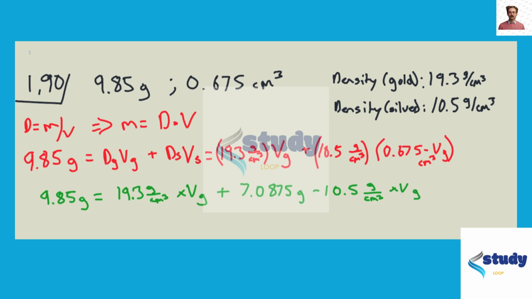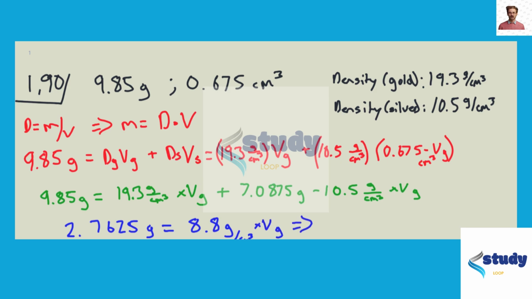So now we can subtract 7.0875 from both sides, and we can do 19.3 minus 10.5. When we do that, we get 2.7625 grams is equal to 8.8 grams per centimeter cubed times Vg.